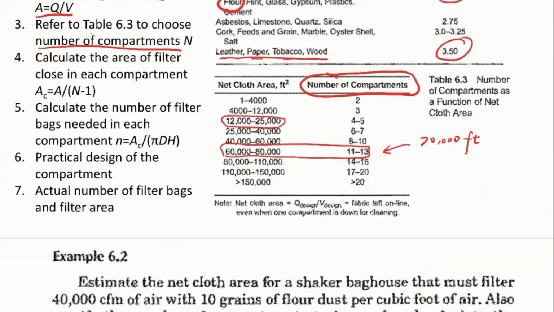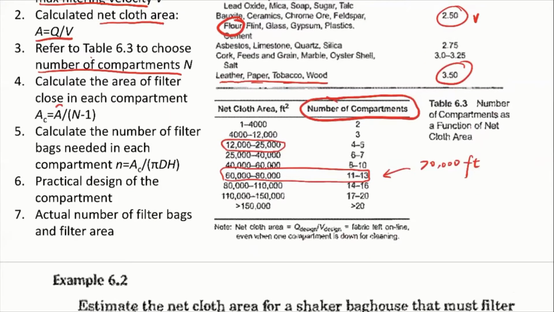So what we're going to do is divide the total area of the filter by n-1. This n here is the total number of compartments, right? And n-1 is just considering the situation where one of the compartments is offline.